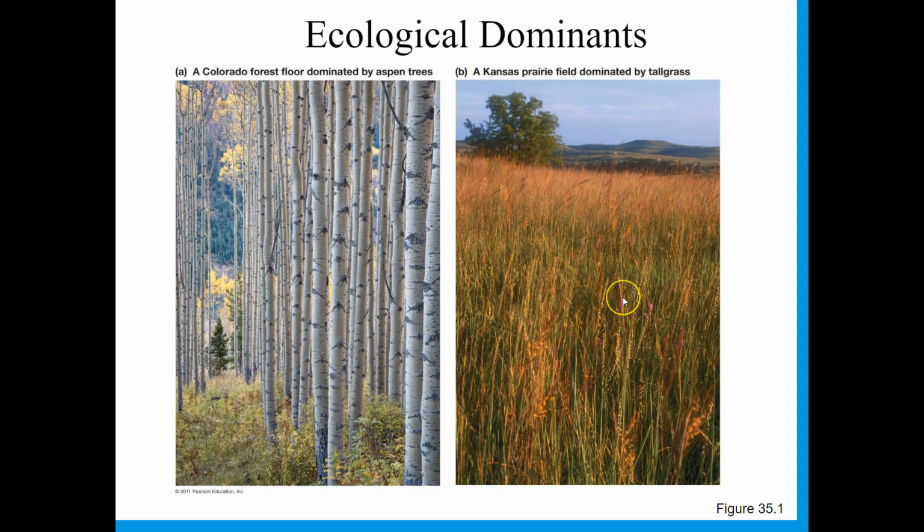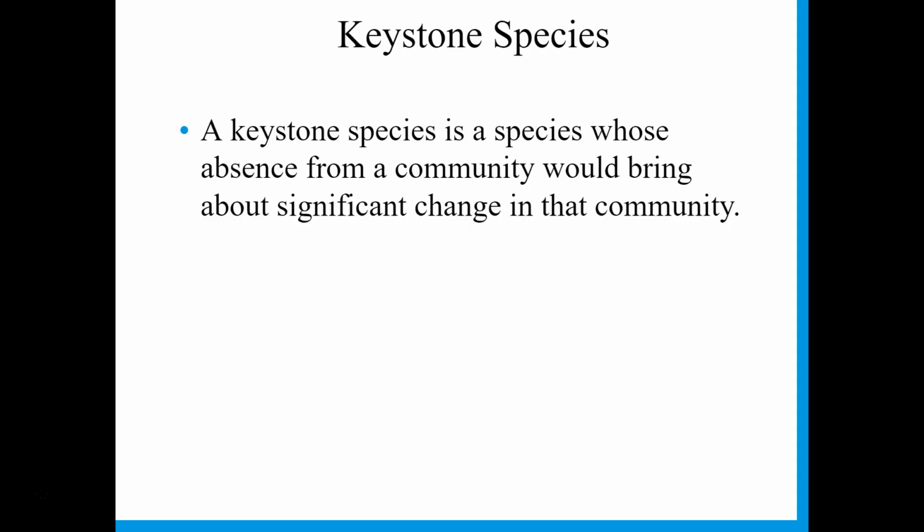In this case, the grass is clearly the ecological dominant. It's really the only thing out here. Maybe there's a tree over here. And then here you have an aspen grove in Colorado, and clearly that's the ecological dominant in this particular community. Interestingly, these aspen trees form a grove, and many of these are probably all the same one individual organism, but that's neither here nor there.